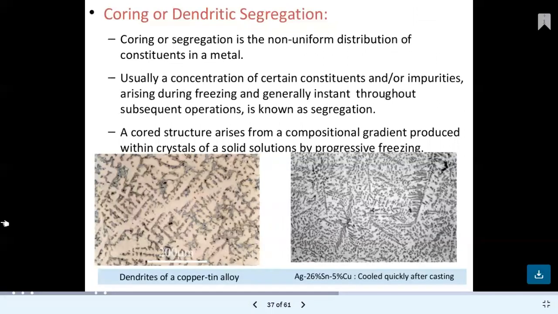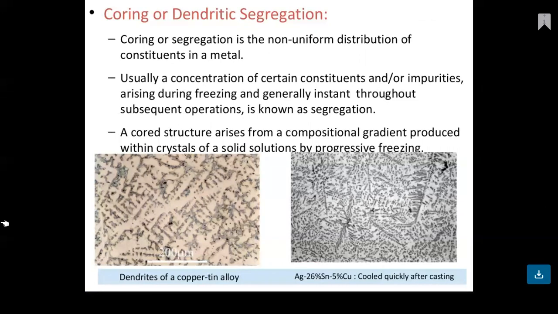Next is coring or dendritic segregation. Coring or segregation is the non-uniform distribution of constituents in a metal. That is, uniformity is not there. If we observe the constituents of the metal under the microscope, we do not see them uniformly. Usually a concentration of certain constituents or impurities arising during freezing, and generally persisting throughout subsequent operations, is known as segregation.